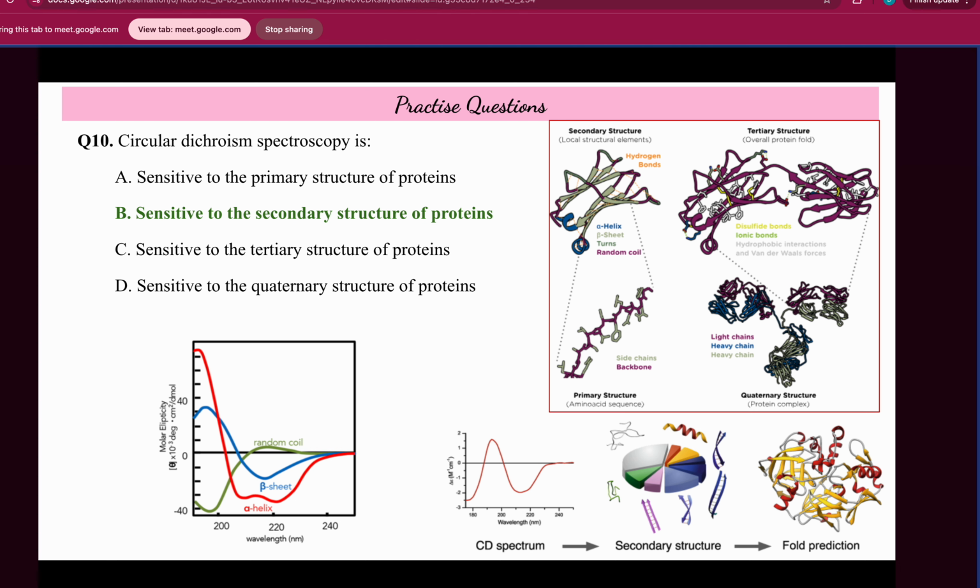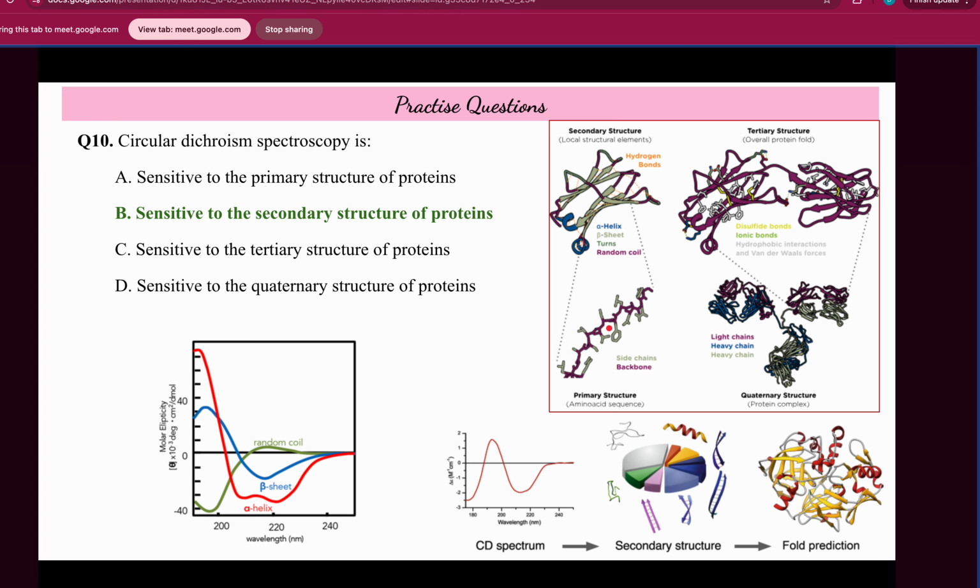And most of the spectroscopic techniques we have seen so far are sensitive to the secondary structure level only. None of them gives us sensitivity at the level of tertiary structures. That's why we most commonly use X-ray crystallography and NMR for the tertiary structure.